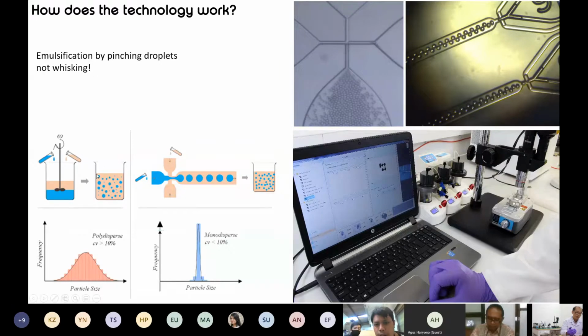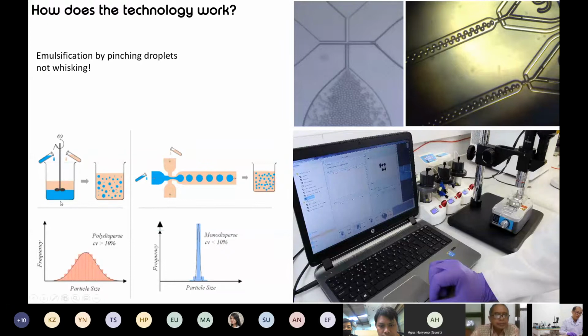In this method, two immiscible solutions are mixed in a batch reactor, and we apply energy like stirring or sonication to make the emulsion. For example, in this case, we can make an emulsion of water in oil.